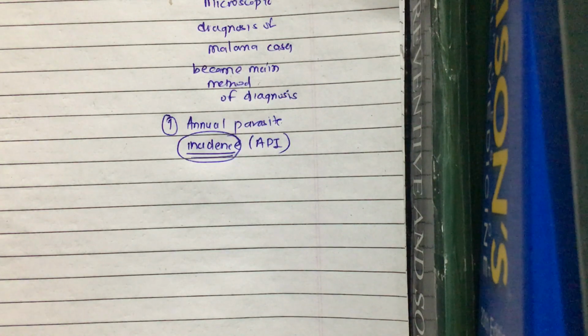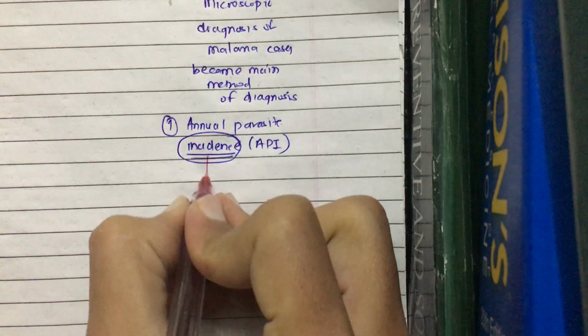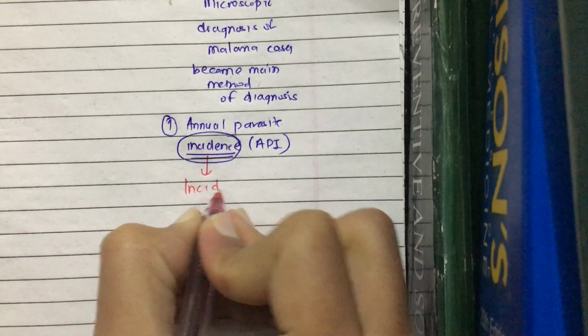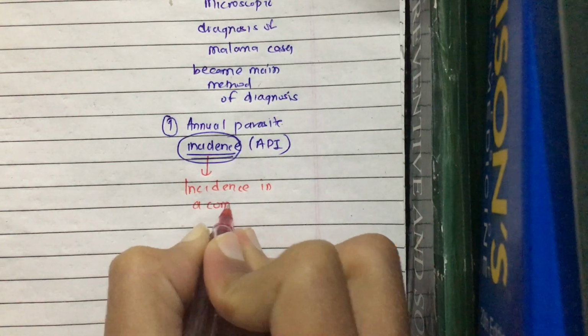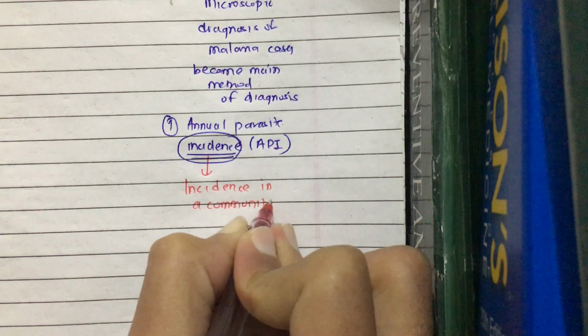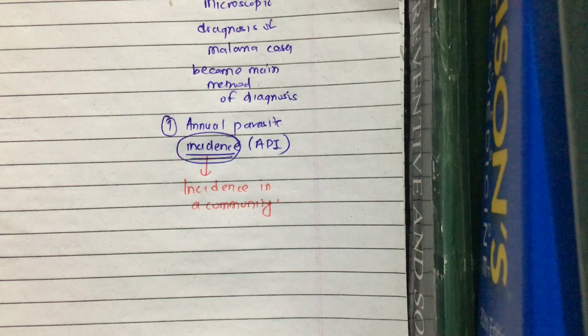Annual parasite incidence, API. What does annual parasite incidence denote? It denotes the incidence of malaria in a community.